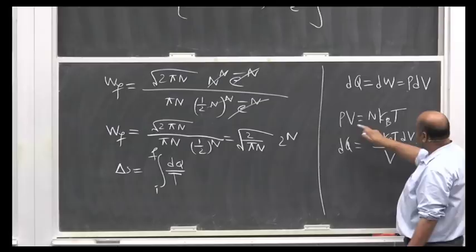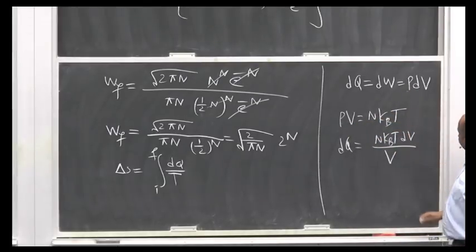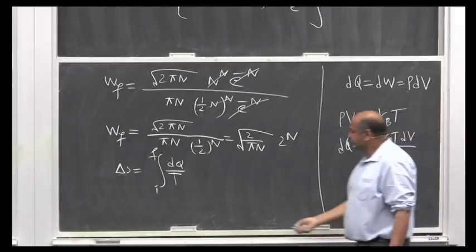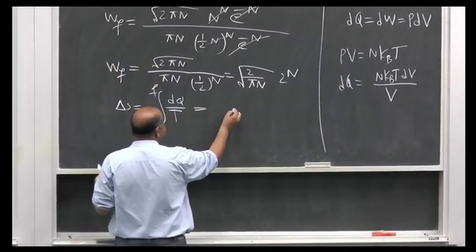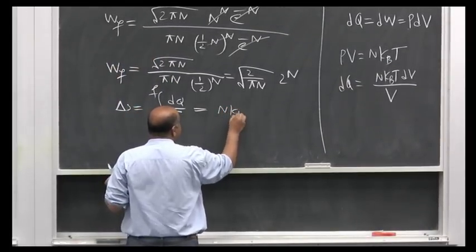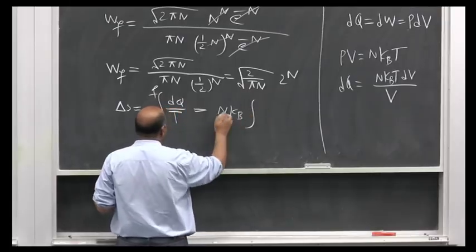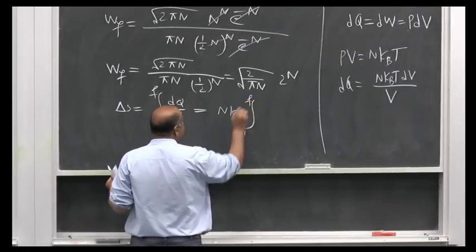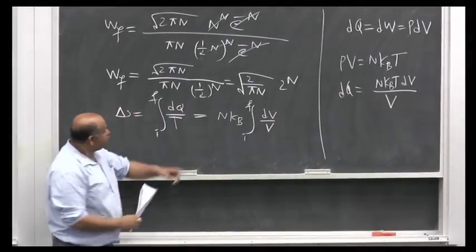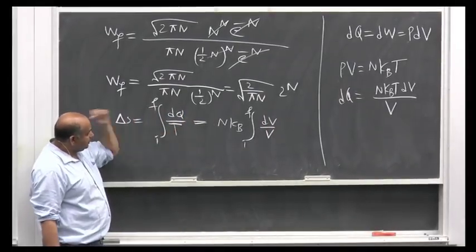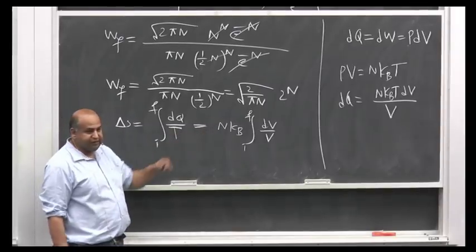Now if you substitute this here, N kB gets out of the integral, and you have the integral of dV over V. The T on top cancels with the T below.